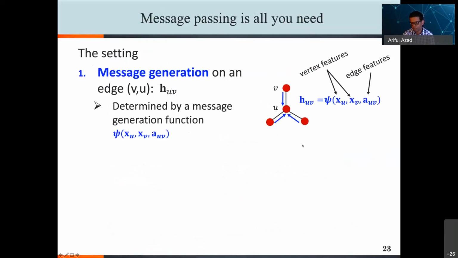Here I am giving a simple example. Suppose we'd like to compute the embedding of vertex U. This can be done by a 2-step process.